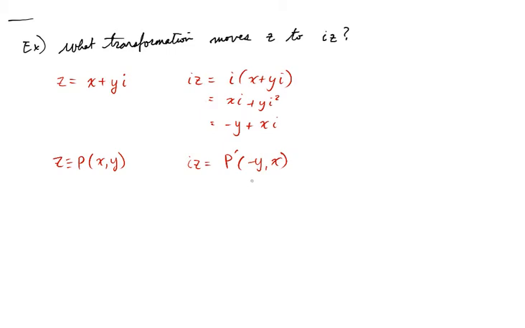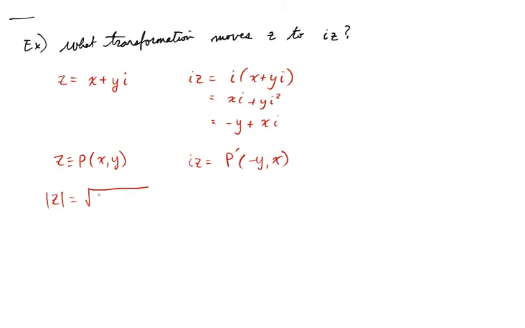Okay, if you try to observe what's happening, that doesn't really tell us a whole lot unless you remember from geometry how these are related. Before we do that, let's do one more observation. You also notice that the modulus of z, the magnitude of z, is going to be x squared plus y squared.